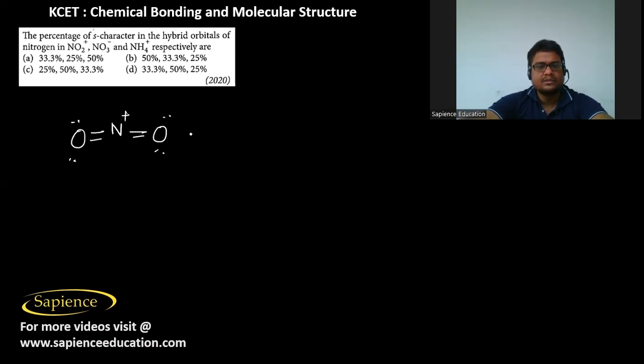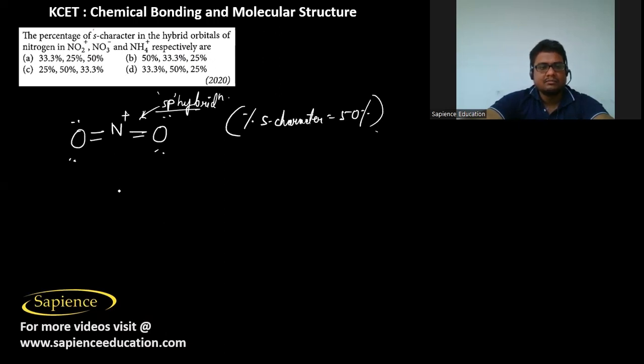So here the orbitals of nitrogen atom will be sp hybridized, since it has got no lone pairs and it is linked with two surrounding atoms. So it is sp hybridization.